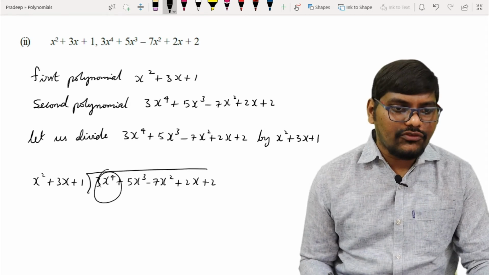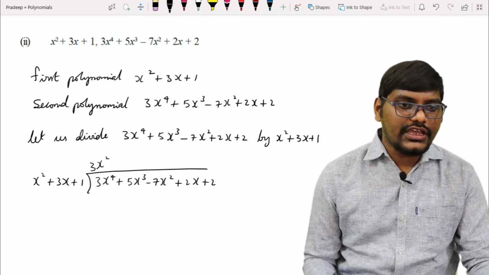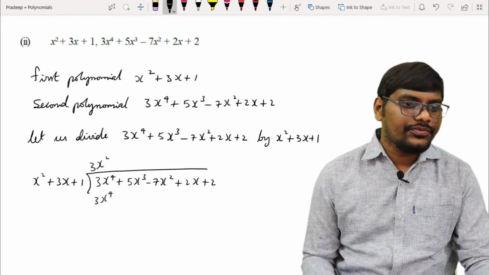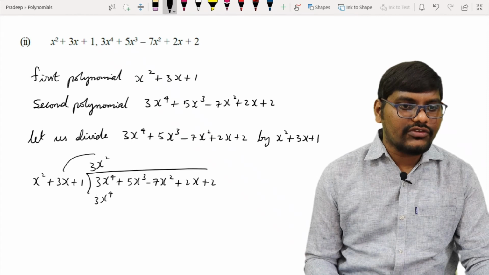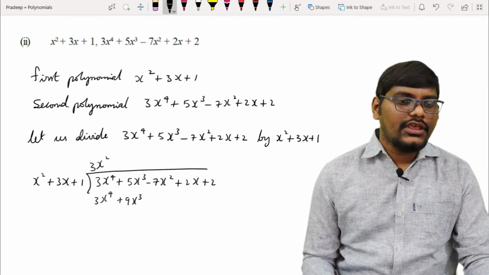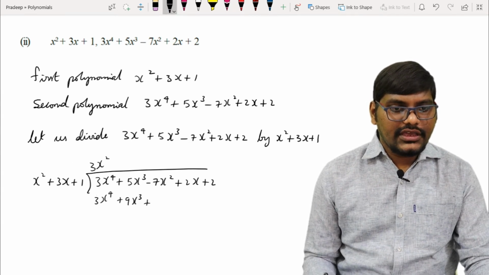Here x power 4 is there, so I can write 3x square. x square into 3x square gives 3x power 4. Next, 3 into 3x square is 9x cube, so plus 9x cube. Next, 1 into 3x square is 3x square.